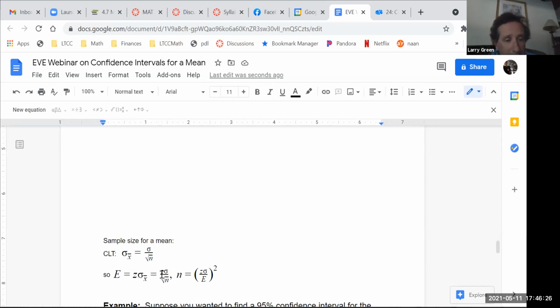So that means E is z sigma over root n. We can multiply by root n, divide by E, and take a square of both sides, and you get n equals z sigma over E quantity squared. Okay, that is the formula to decide how big a sample size you need. Any questions on that?